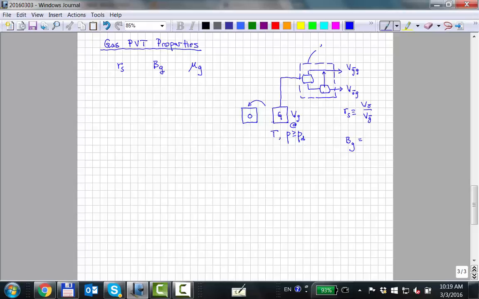I'm going to call this capital P. That's my shorthand for surface process. Just whatever you want to put inside. The point is that you go in with something and you come out with a surface gas and a surface oil volume.